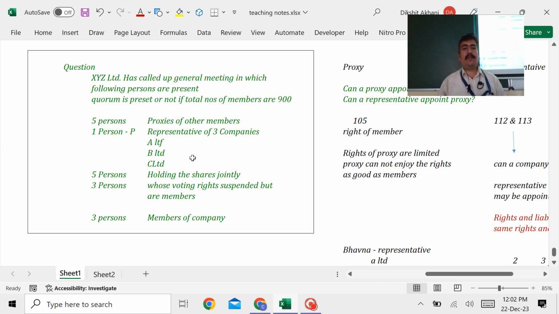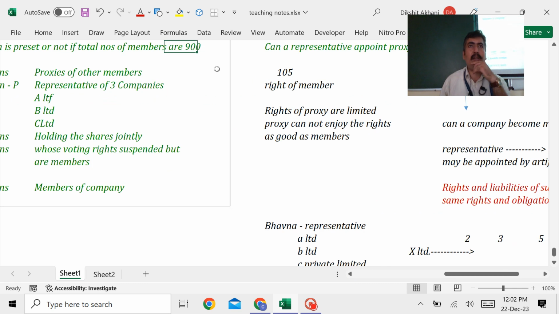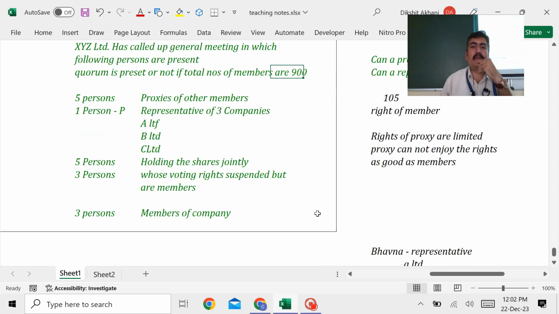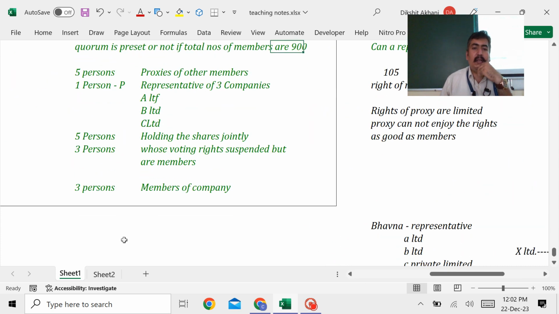So let's understand, first of all, there are 900 members. Got it? If the articles are silent, then the minimum number of members needed is 5. Let's see whether 5 members are technically present or not. 5 proxies of the other members. Proxies who are not members of the company will be excluded.